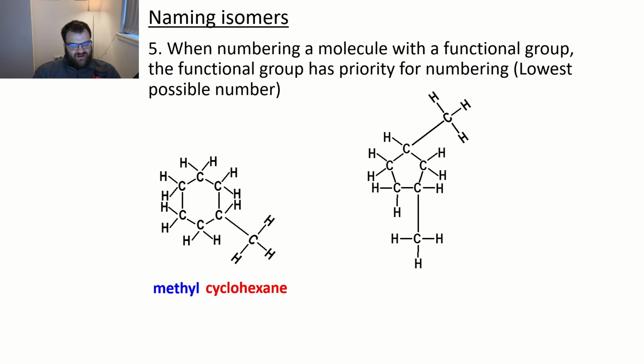With one like this, where we have 5 carbons in a ring, so cyclopentane, we have got 2 branches coming off of the ring. If we pick one of the branches and number it as position 1, then the other carbon branch is coming off of position 3. 1,3-dimethylcyclopentane would be your answer for that one.